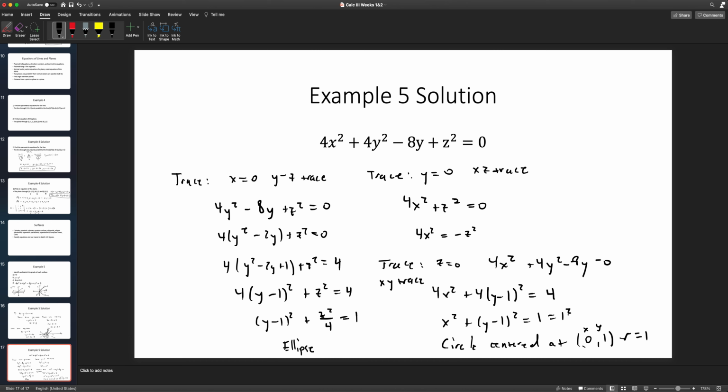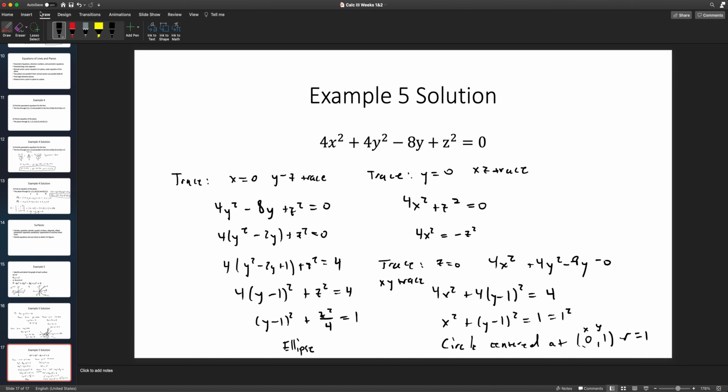So in the YZ plane we have an ellipse. If we slice it that way, then we have an ellipse. If we slice it horizontally, then what we get is a circle. And if we slice it on the XZ plane, then we get a pair of lines.